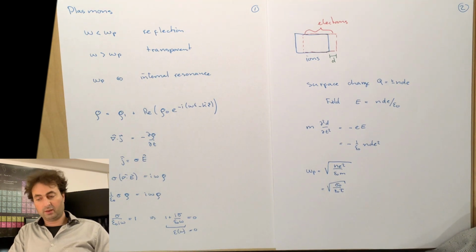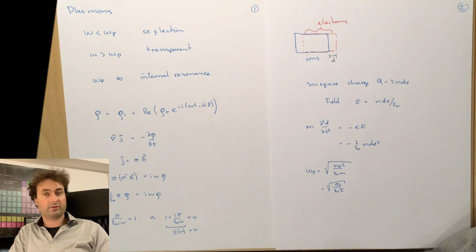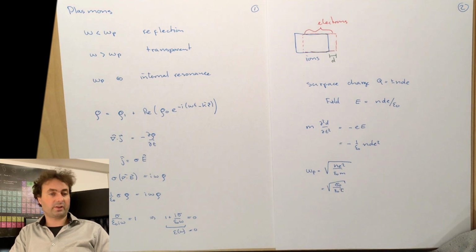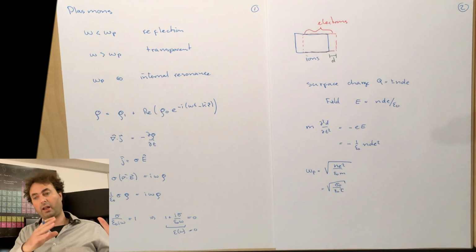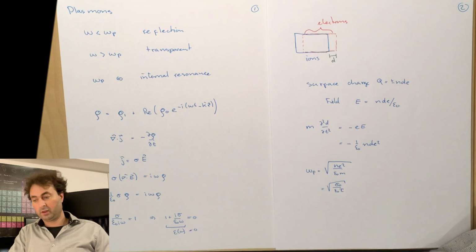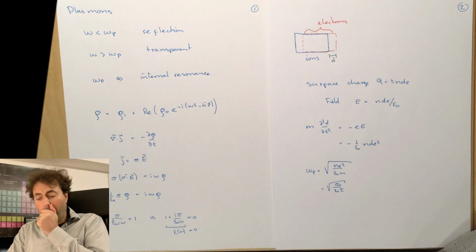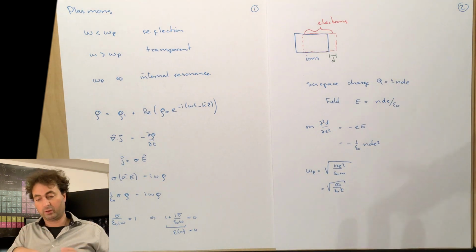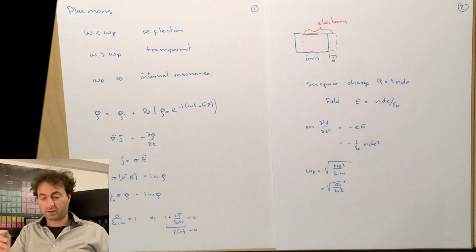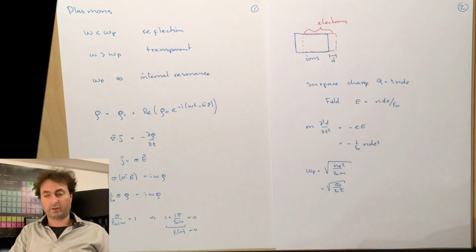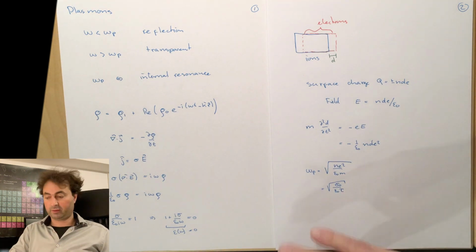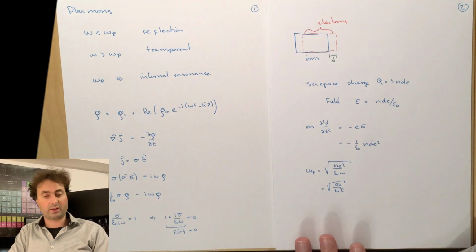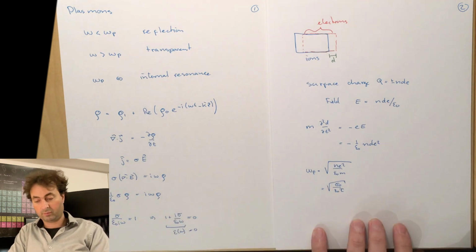So with that we've seen that metals turn from being reflective to being transparent at a certain frequency, and that happens at the resonant frequency where the electrons are able to oscillate back and forward. Of course in the example here I assumed that the wavelength of that wave is much longer than the size of your sample. If that wavelength is shorter, you will find that you have a density wave inside your sample, as we discussed before.